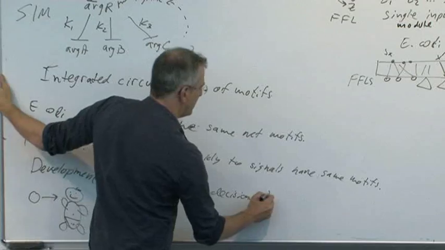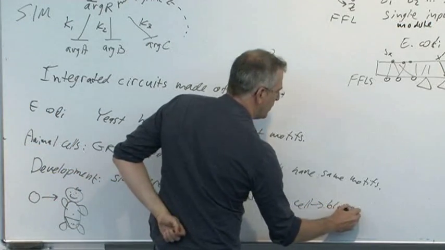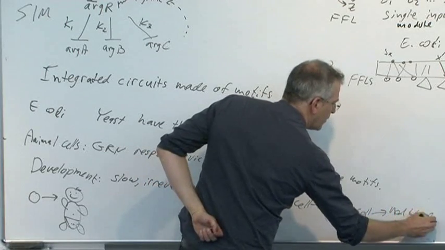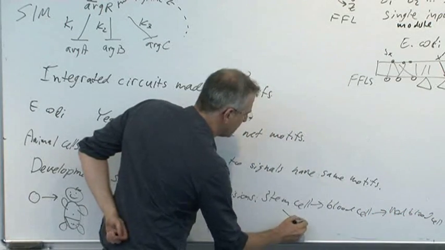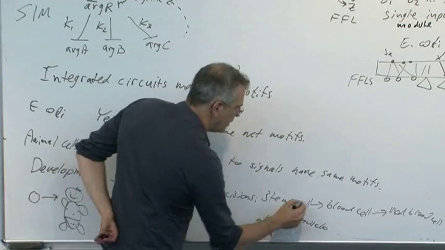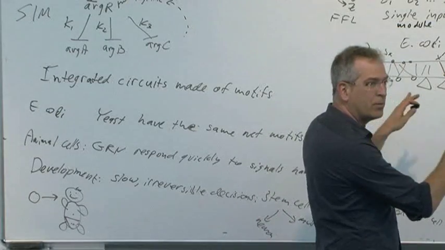You go from a stem cell, let's say, to become a blood cell. Oh, maybe it'll become a red blood cell. Or maybe I'll become a muscle. Maybe I'll become a neuron. So this is slow. And there you find these network motifs plus additional.